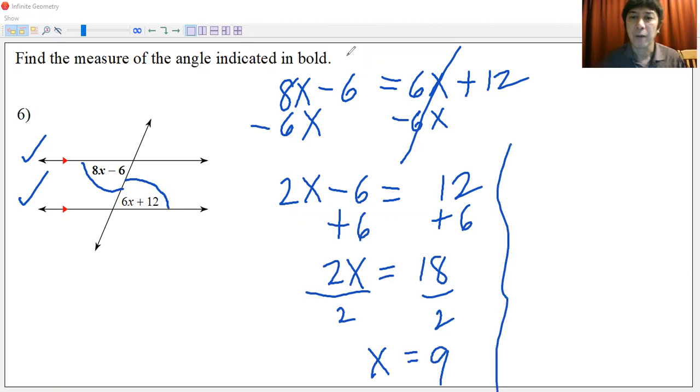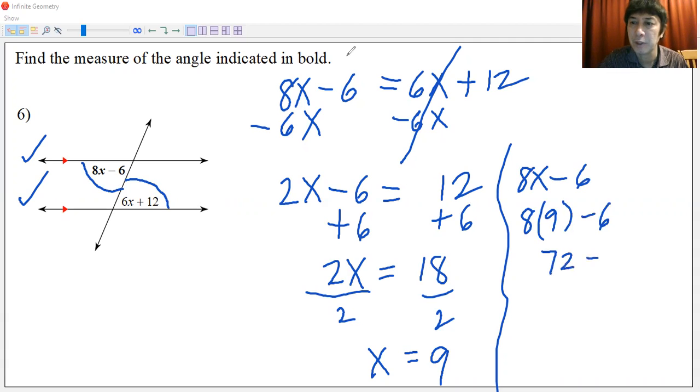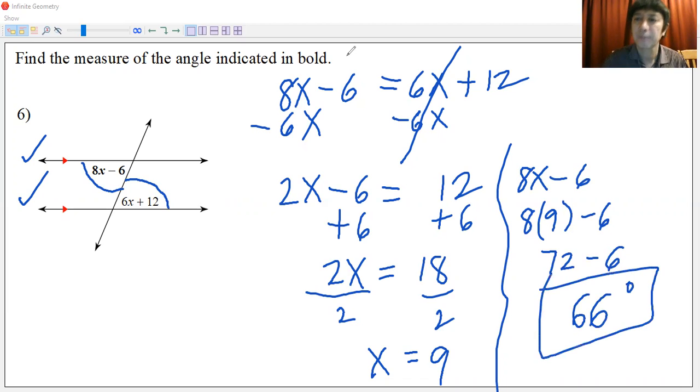Okay. Knowing x equals 9, we can now solve for the angle indicated in bold letters. That should be 8x minus 6. We have 8 times 9 minus 6. We have 72 minus 6. That looks like 66. 66 degrees.